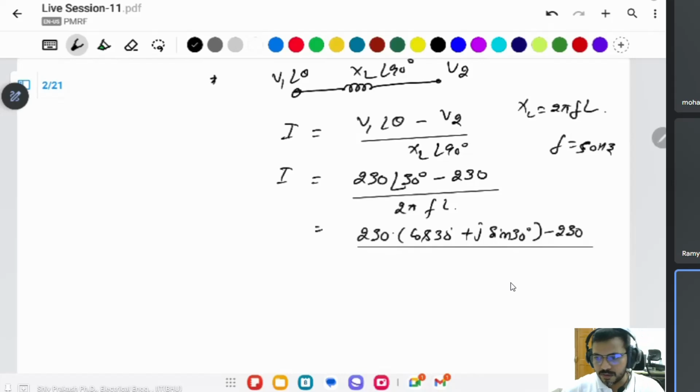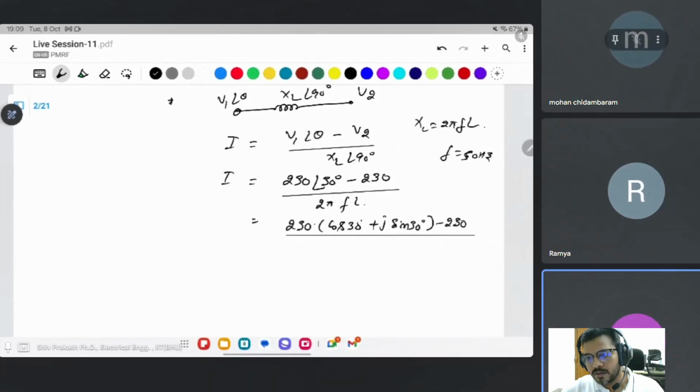What is your inductance? I think 10 millihenry.